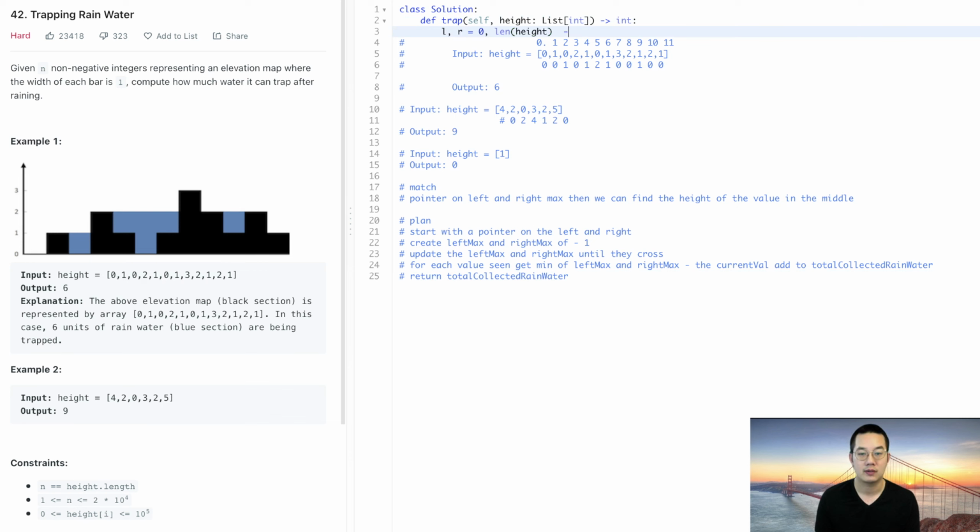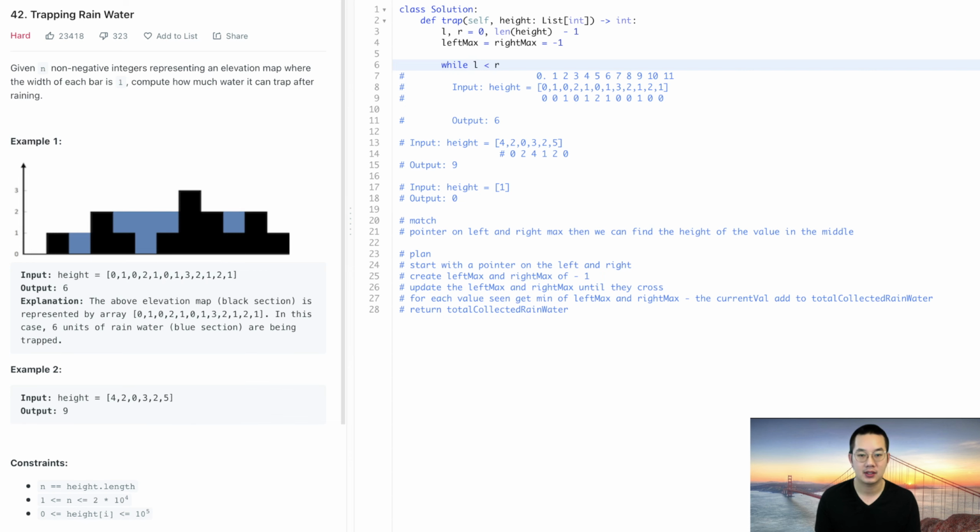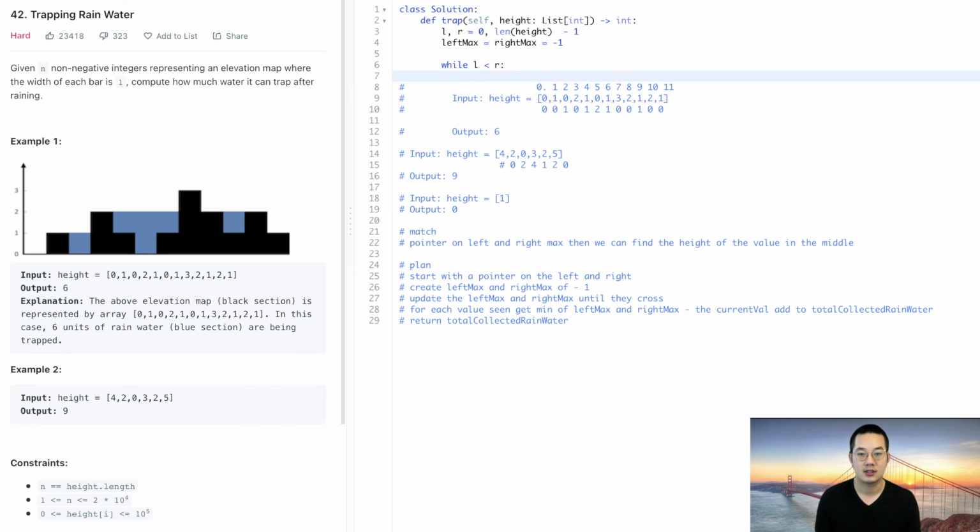Oh, okay, that's good. So while left is less than right, let's continue, less than or equal to right, because I think they would cross, and we would need to handle that case in between. Yes.